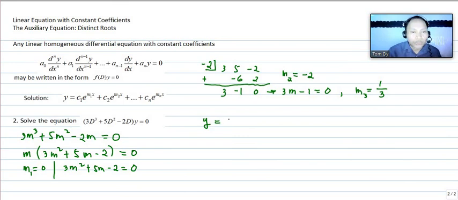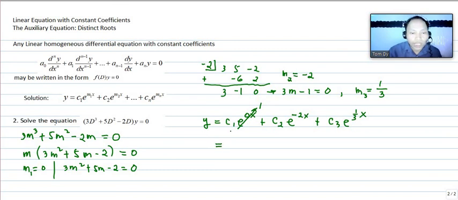That is equivalent to c sub 1 e raised to our m sub 1, that is 0, so 0x, plus c sub 2 e, our second value of m, which is negative 2x, and then plus c sub 3 e raised to 1/3 x. So that this one e raised to 0x, that is equivalent to 1. This is equivalent to 1 because any variable raised to 0, that is equivalent to 1.